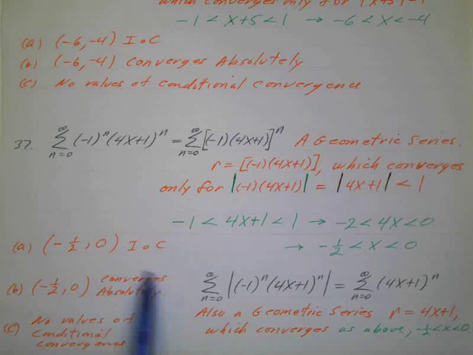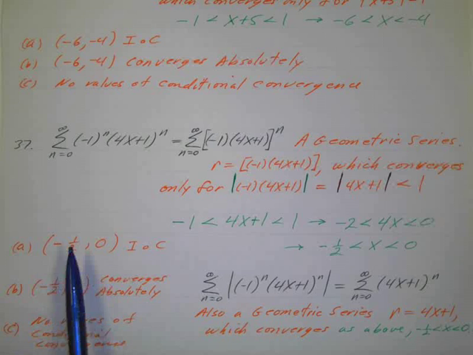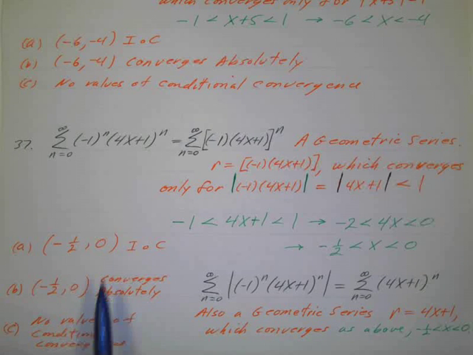So this is also an interval of absolute convergence. It converges absolutely on this interval. So there are no values of conditional convergence. Okay? So that's 37.